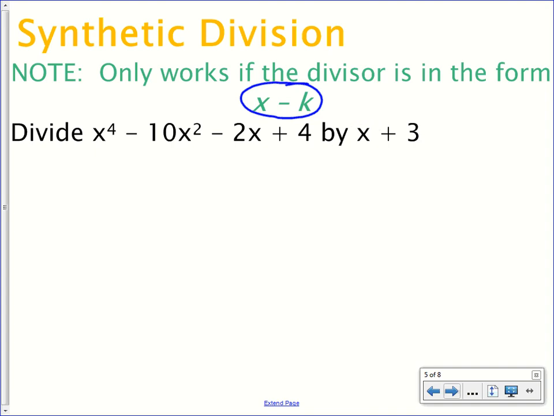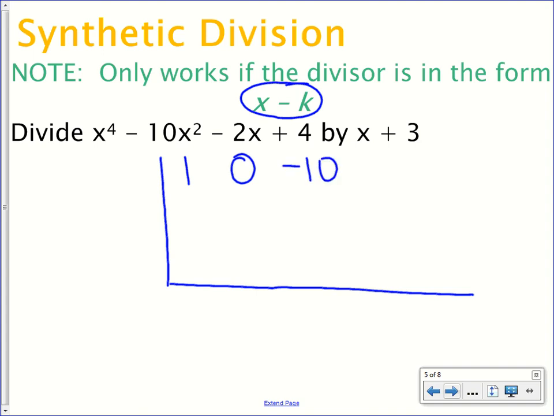You are going to make your box here, and we are going to write our dividend without any of the variables. So we have 1 x to the 4th plus 0 x cubed minus 10 x squared minus 2x plus 4.